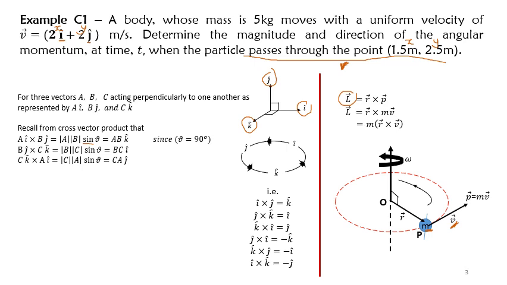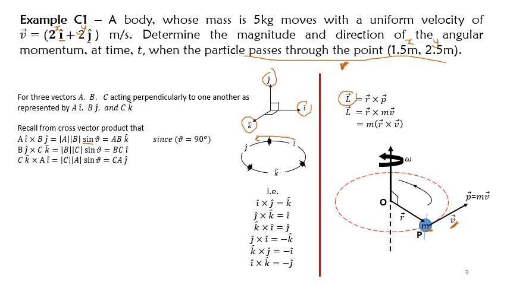Likewise, for the third one, I will show from here this short way to know it. If you are going from i to j anti-clockwise, for A cross B, i cross j, then the magnitude of the product will act in the k direction.